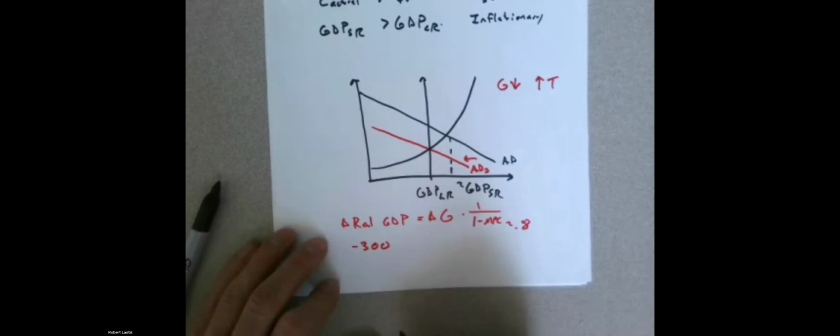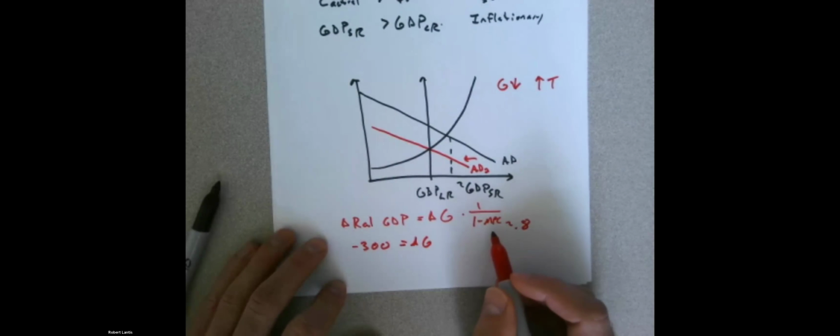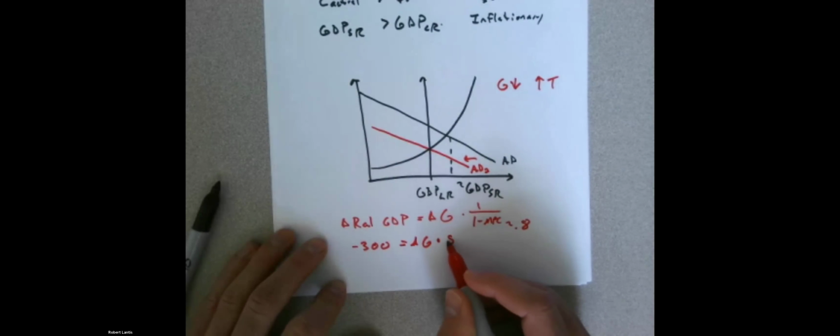We want to decrease real GDP by 300. So if we do this here, I get 1 over 0.2, so this is times 5. To get the change in government spending that would close this gap, it must be negative 300 over 5, or I would need to decrease government spending by $60 here.